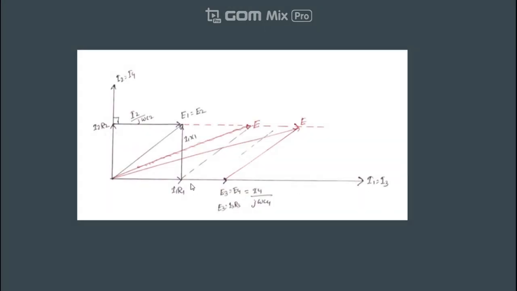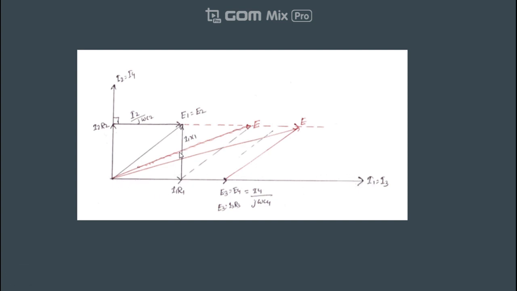Now following the flow of current through arm AB, we have first I1 flowing through the resistor R1. When the current flows through a resistor, the voltage drop will be in phase with I1. And then when the current flows through the inductor, I1 X1, we're going to have a voltage leading the current by 90 degrees.